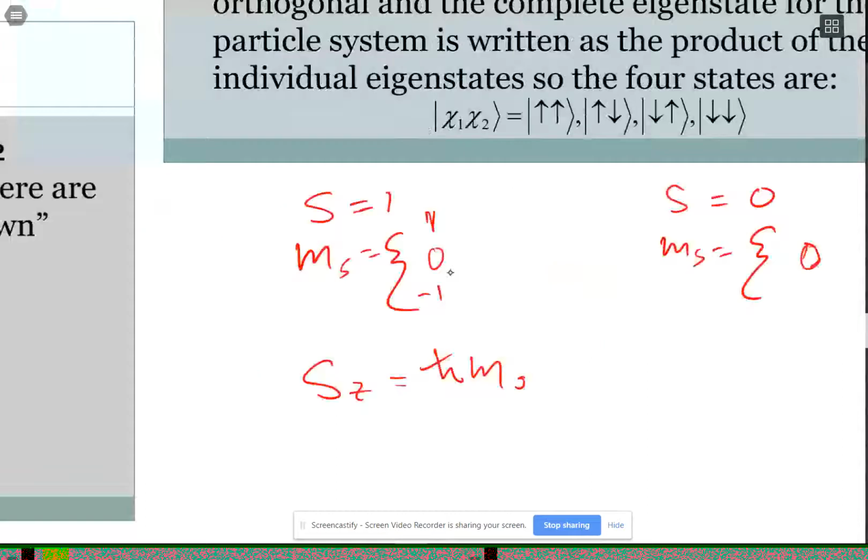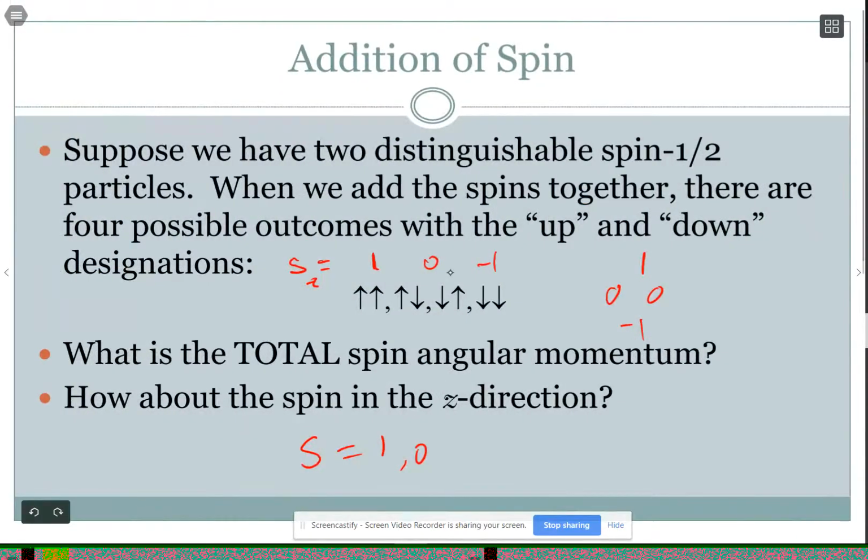And so when we labeled these S sub z's, that meant M sub S equaled 1 here, M sub S had to equal -1 there, and M sub S was 0 here. These are the M sub S's. These up top should have been times h bar. Yes, you're right. Where'd the h bars go?